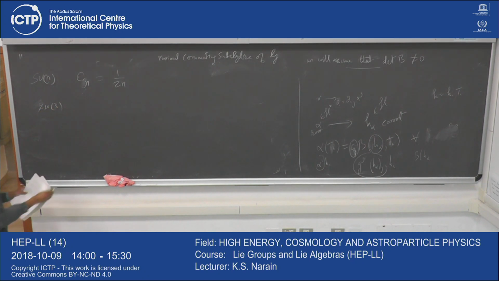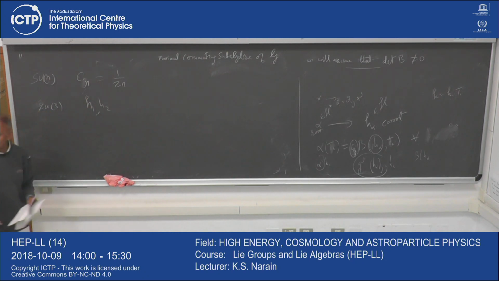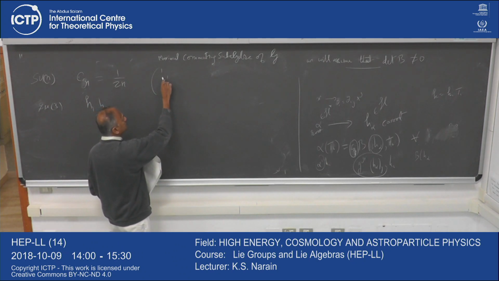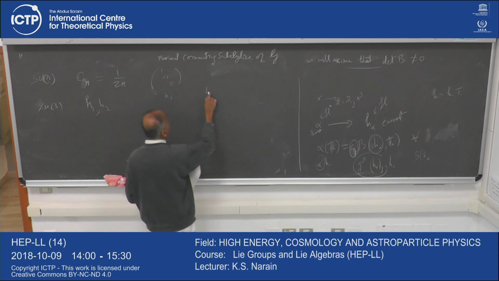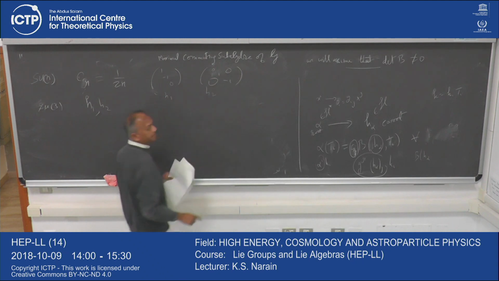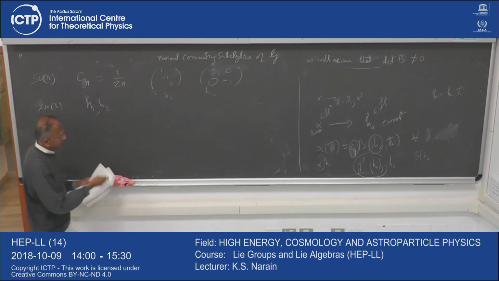So we had two things, H1 and H2. We had chosen, remember, our favorite basis, that was H1, and H2 was 0, 1, minus 1, 0, 0. The two, H1 and H2. And we had the three roots and their negative roots.